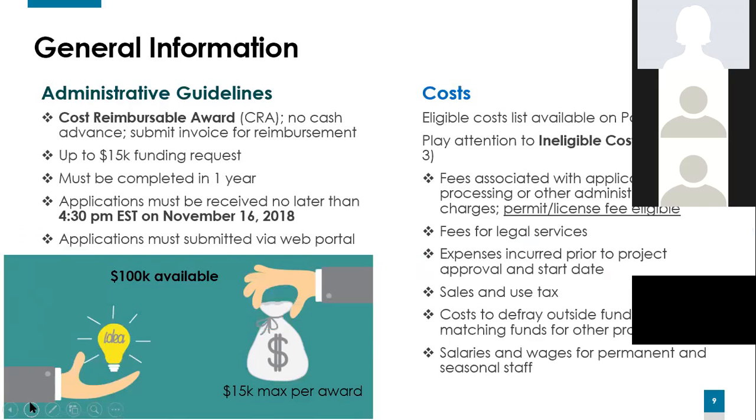webinar here. So to get back to this, awards are limited to up to $15,000. This doesn't mean that each request has to be $15,000. It can be less, but just bear in mind that the maximum amount that will be approved by the MCD board is no more than $15,000.